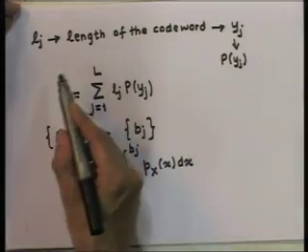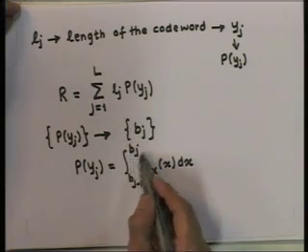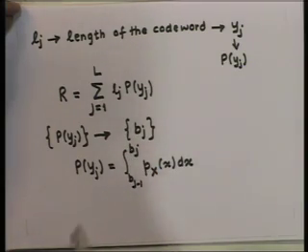Therefore, the rate is a function of the decision boundaries and is given by the expression.